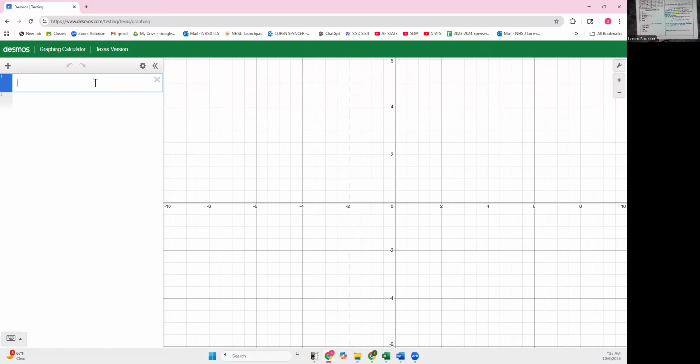So in Desmos, I'm going to go ahead and type the equation as it stands. Y equals negative 2,000 parentheses x parentheses plus 30,000. But we know this x is a 5 because it's time, 5 minutes. Oops, that should be a plus sign.